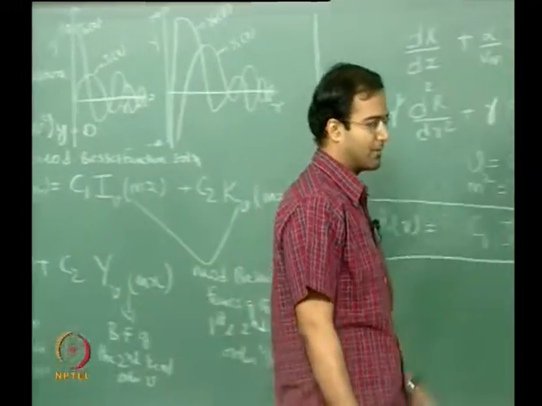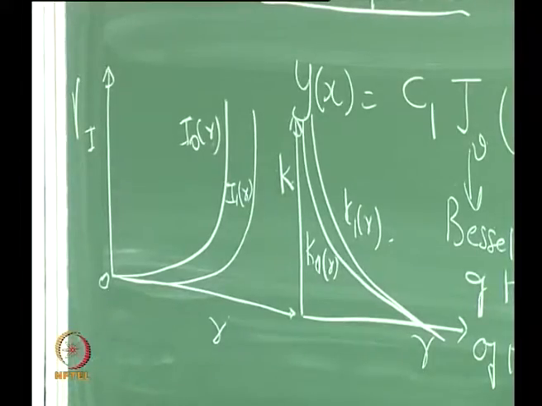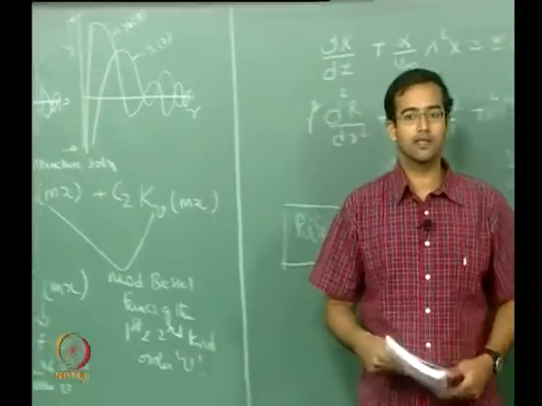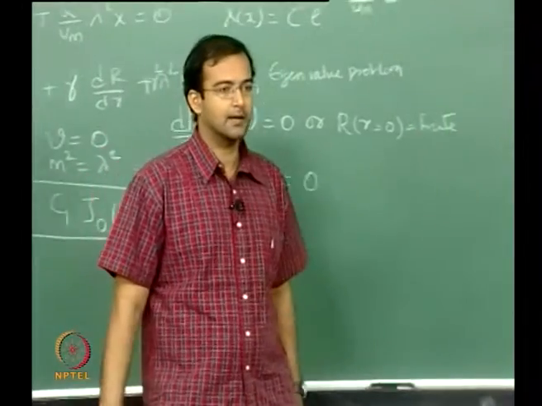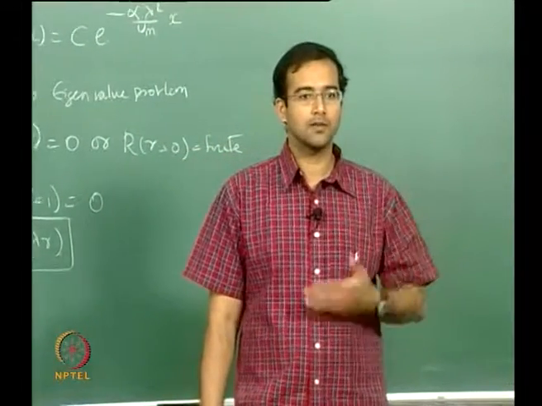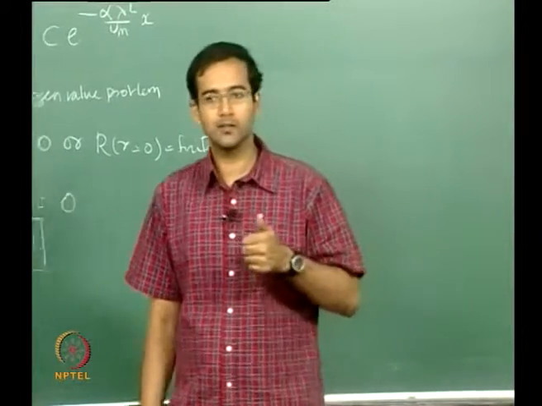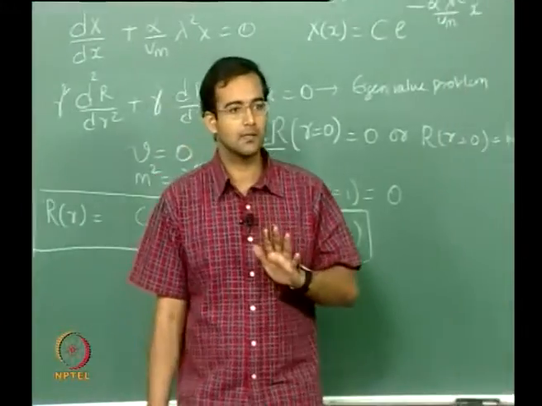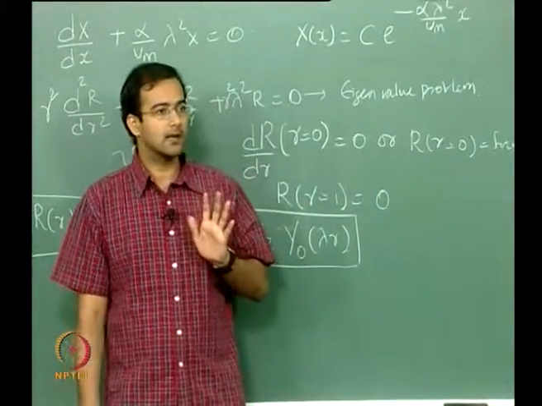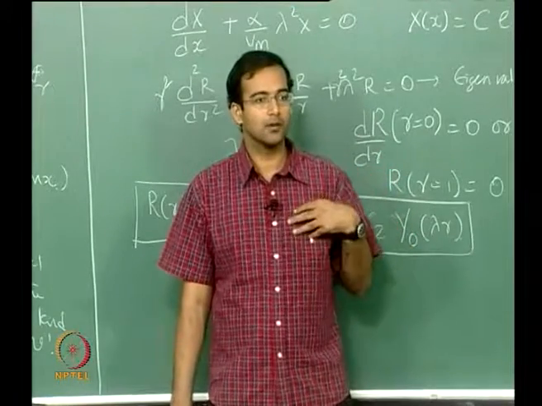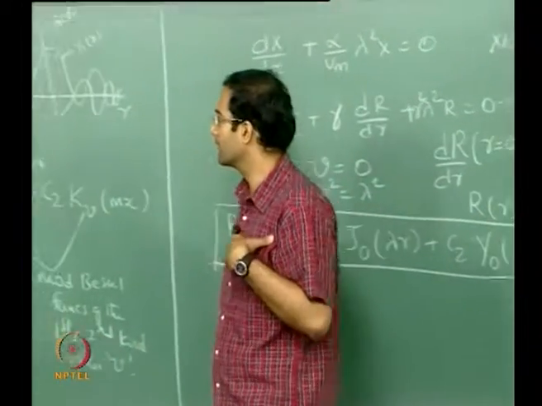You take any Bessel function chart, you will find the tabulated values corresponding to different values of x or R, with the variation for the first kind and second kind, and all the different orders, starting from the 0th order, first order, second order.